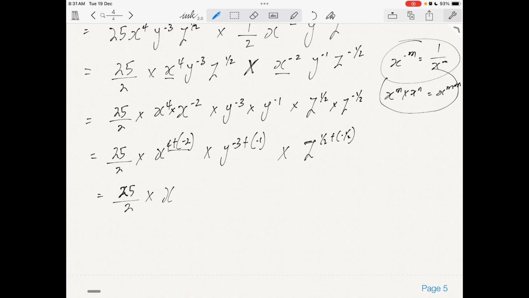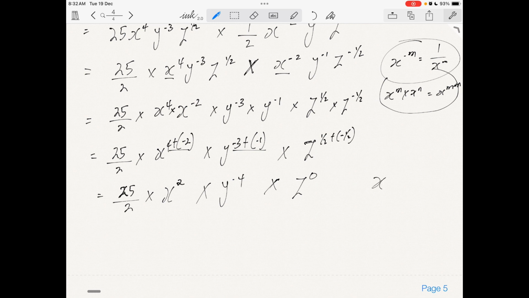So that's x raised to the power of 2, multiplied by y raised to the power of minus 3 plus minus 1, which gives minus 3 minus 1, so minus 4. So y raised to the power minus 4, multiplied by z raised to the power half plus minus half, and that will give me z raised to the power 0.